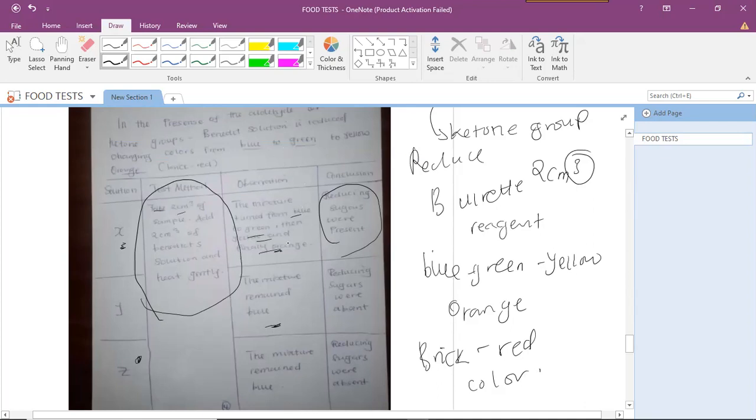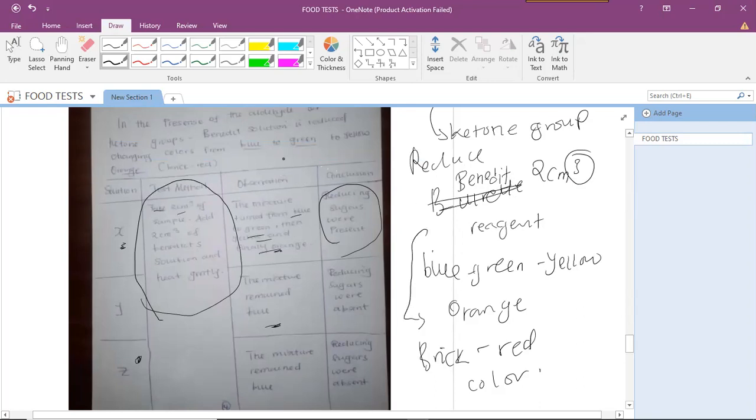If it's reducing sugars, you're adding 2 cubic centimeters of sample, 2 cubic centimeters of Benedict's solution. Was I saying biuret reagent here? Sorry, this is Benedict's solution. Biuret reagent is for protein, sorry about that. So you get 2 cubic centimeters of Benedict's solution, and you heat gently and you observe the color changes.